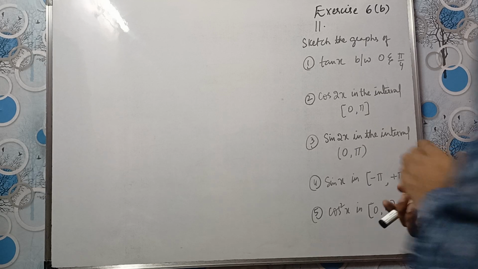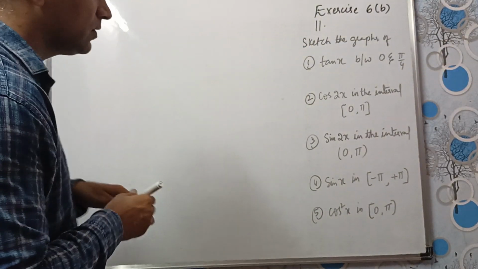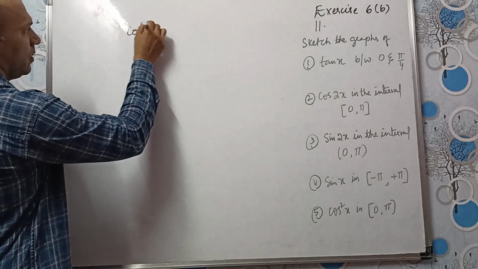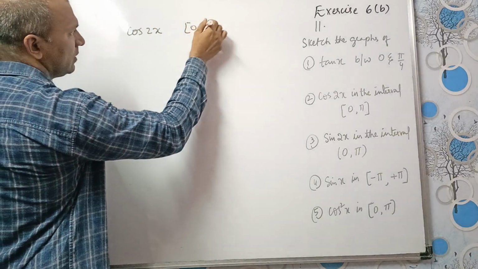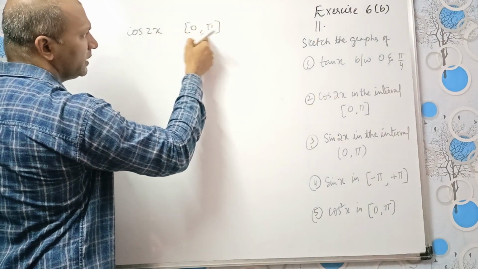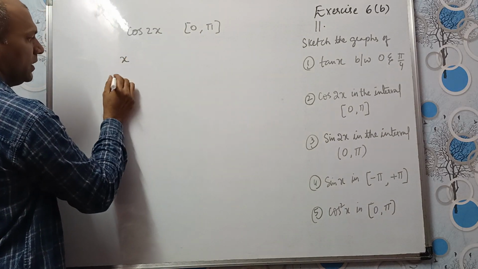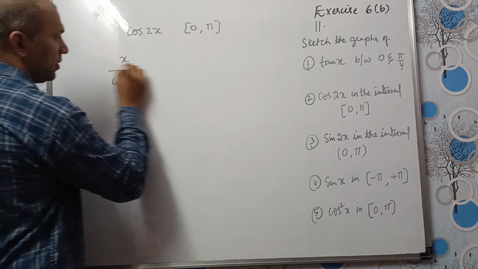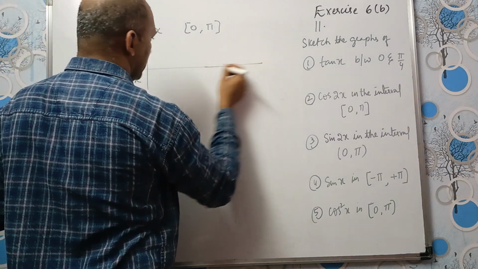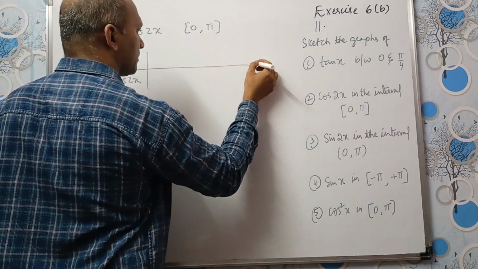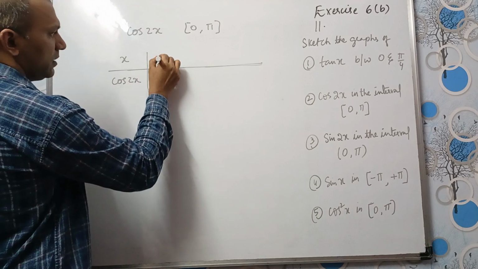Now let us solve cos 2x in the interval 0 to pi. Cos 2x graph in the interval 0 to pi. That means we should take the values of x from 0 to pi. So x values and cos 2x values. Let us write it in the table. See, let us take 0.